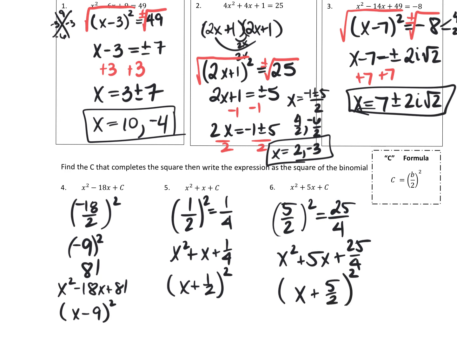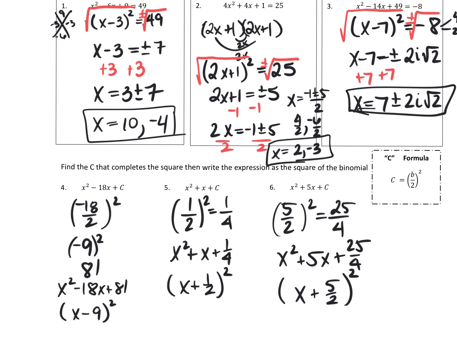Isn't 5 over 2 plus 5 over 2 equal to 5? 5 over 2 plus 5 over 2 is 10 over 2, which equals 5. And when I multiplied it by itself, I got 25 fourths. So that b over 2 is going to be how it factors, and it's especially important when they're fractions, right? That's our trick to doing it quickly.